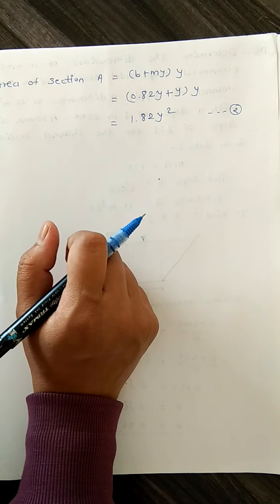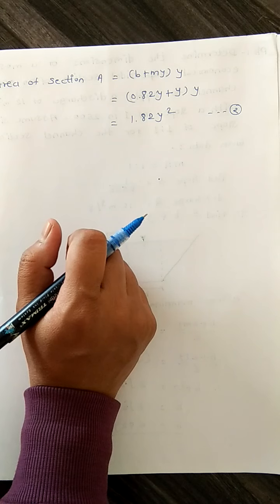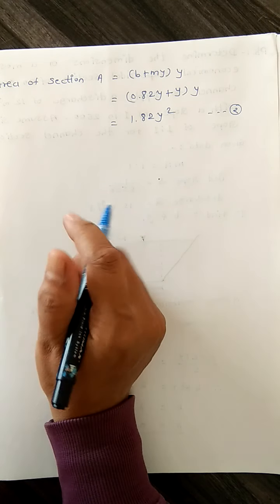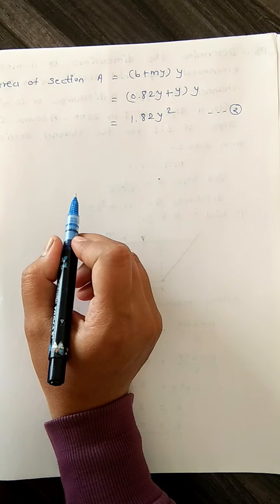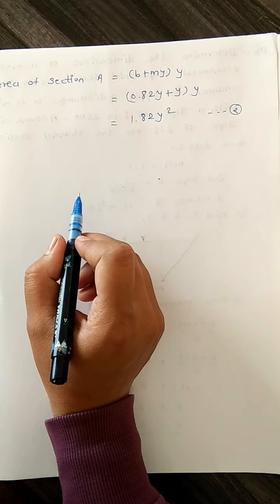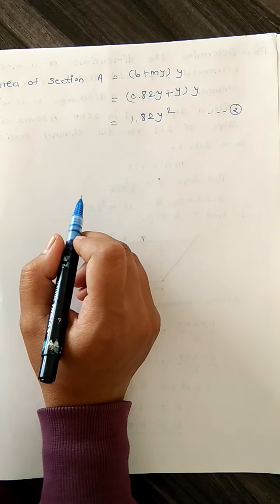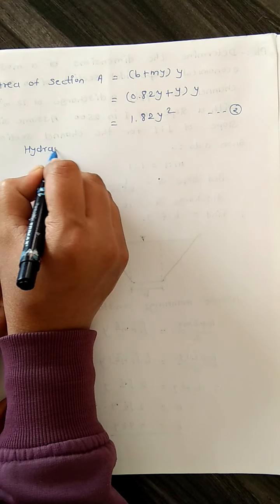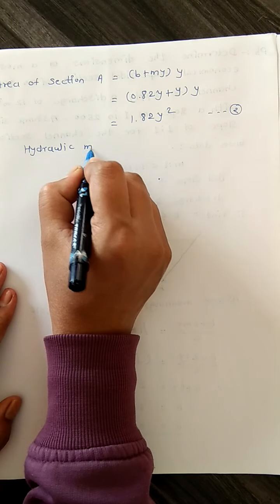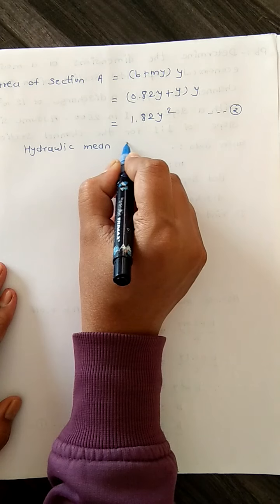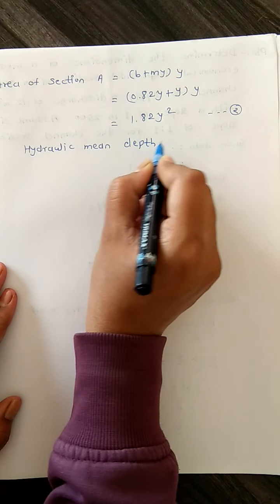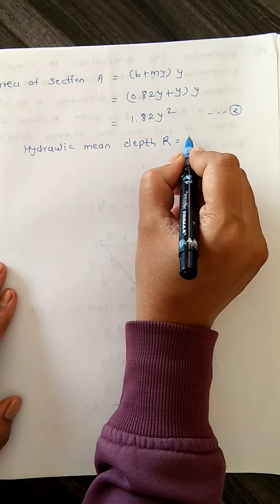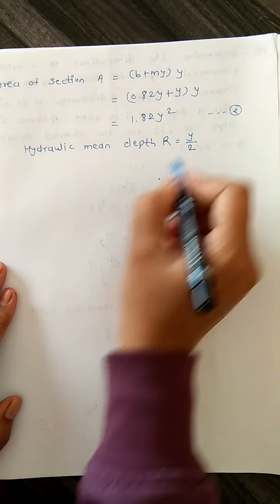So next we have to calculate the discharge by Manning's equation. Okay. So in the problem statement they gave the discharge that is equal to 12 meter cube per second. So we write here hydraulic mean depth, which we denote as capital R, is y by 2.